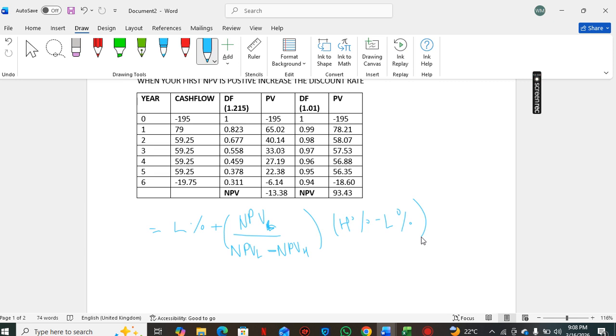Okay. So colleagues, L% is the lower discount rate, which we said is 1%. H% is the higher discount rate, which we said is 21.5%.